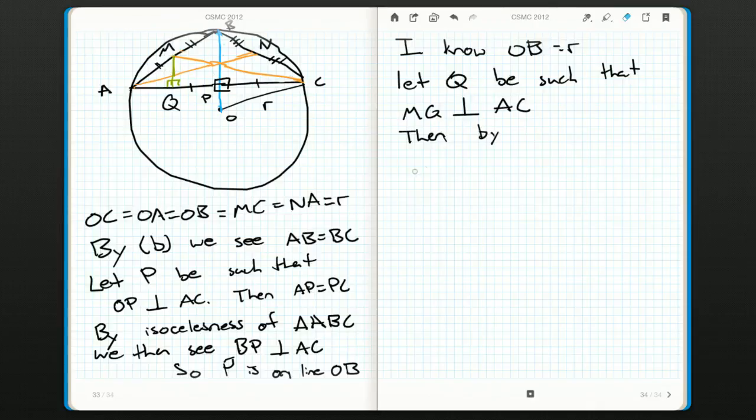Then it follows, yeah, because we have a right angle triangle. Triangle AQM is not equal, it's similar, to triangle APB.